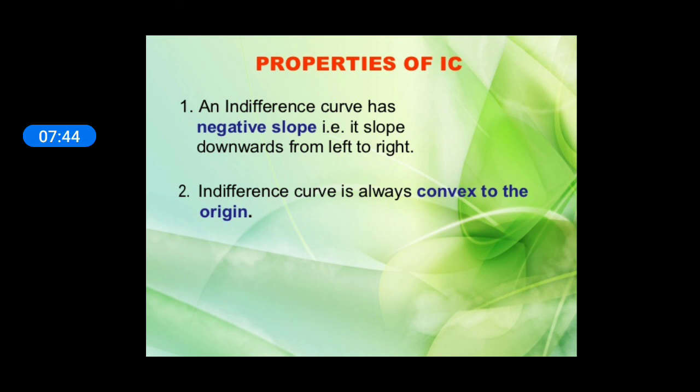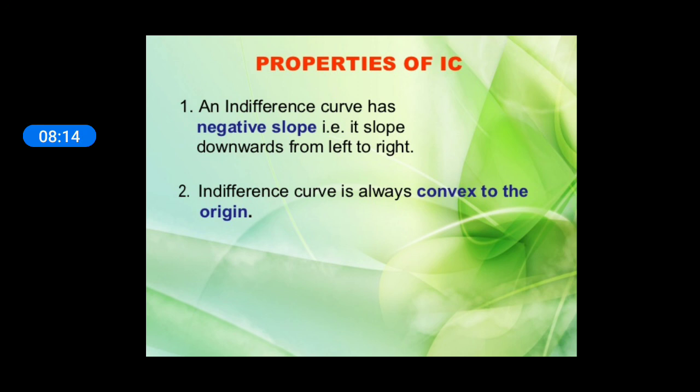And next, an indifference curve is always convex to the origin. Dear students, an indifference curve is always convex to the origin only because of the diminishing marginal rate of substitution. As a consumer consumes more and more units of one commodity, like apple, his desire for apple decreases, and as he sacrifices more and more units of orange, his desire for orange increases.